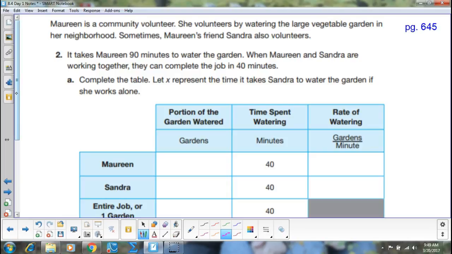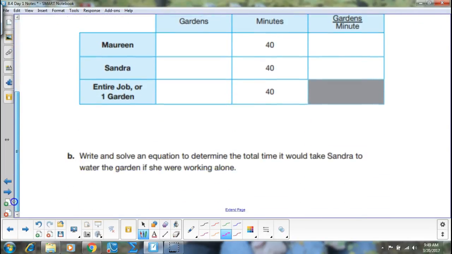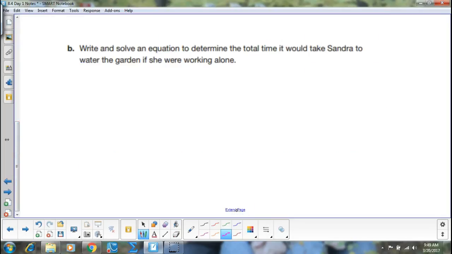Okay? So, because we know how long it's going to take them, I know that if I go Maureen and Sandra, okay? So it takes them 40 minutes together, and she works at 90 minutes by herself, right?